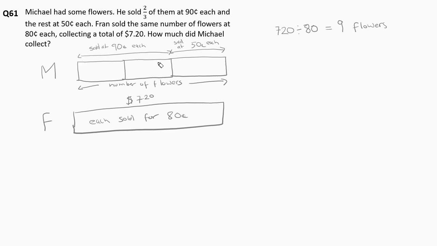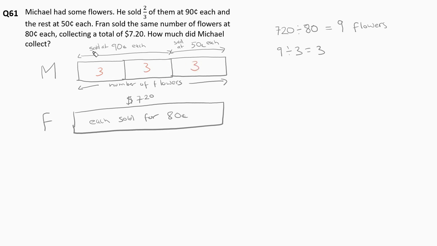And the 9 flowers has been split into thirds. So what's 9 divided by 3? Well, of course, that's 3. And that means we've got a value for each of these. So this represents 3 flowers, 3 flowers, 3 flowers.